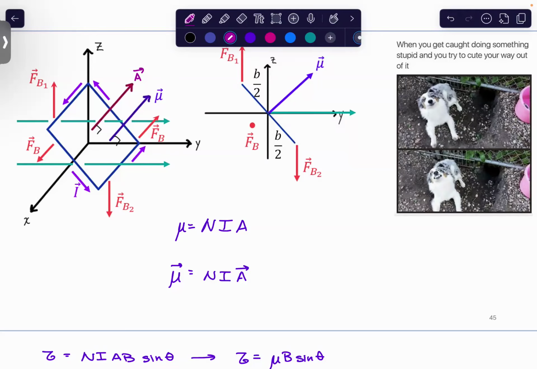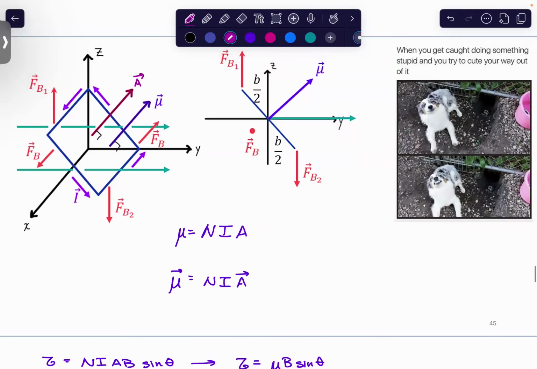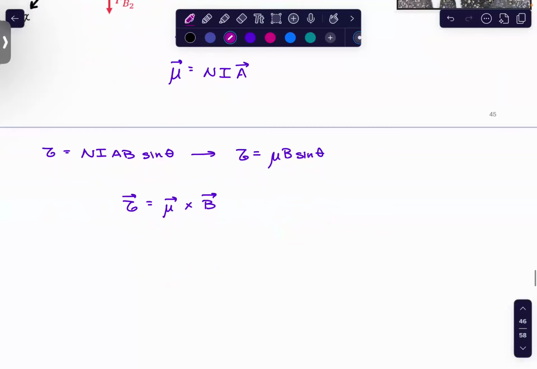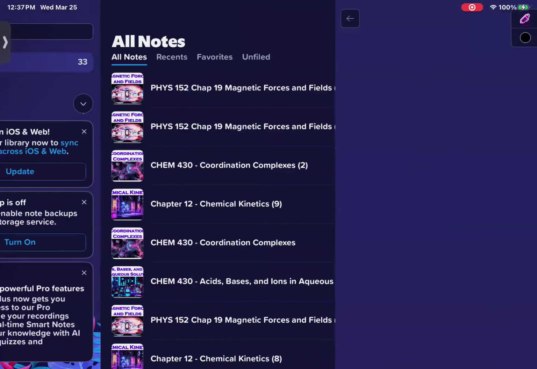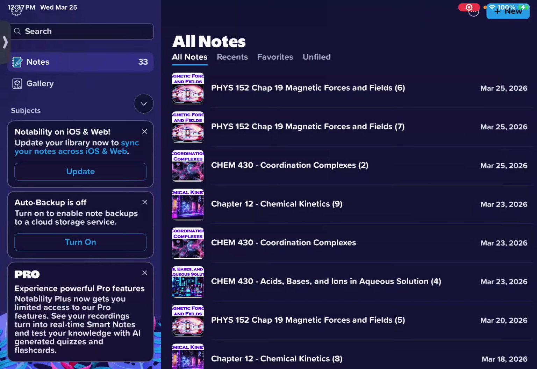Now I put those offset from each other, but remember, your magnetic moment is also always going to be right at the center of your current loop. Okay, now I'm going to switch to my other slides.